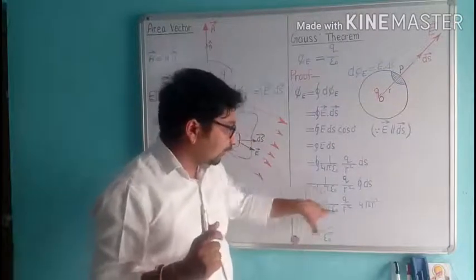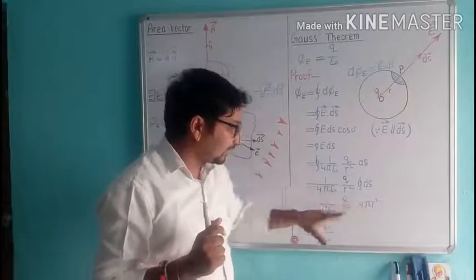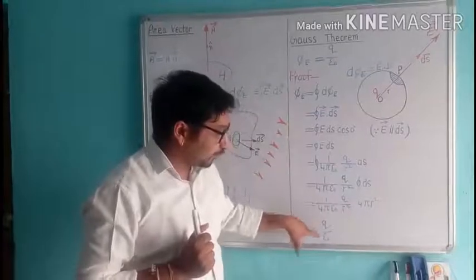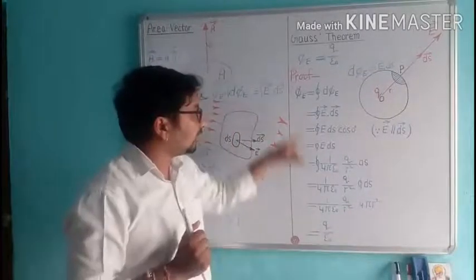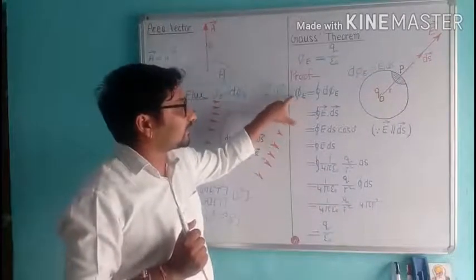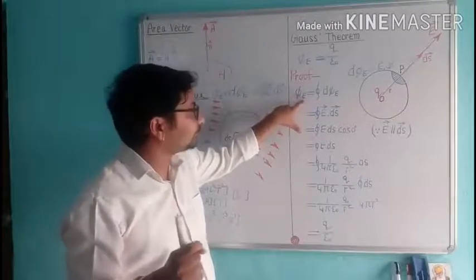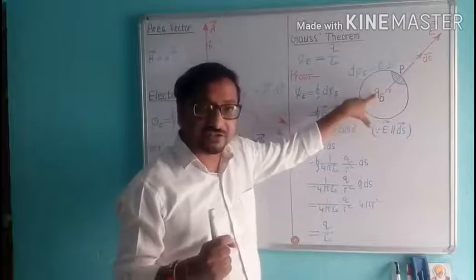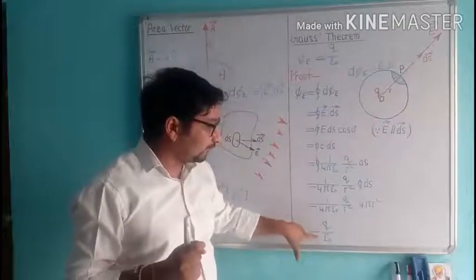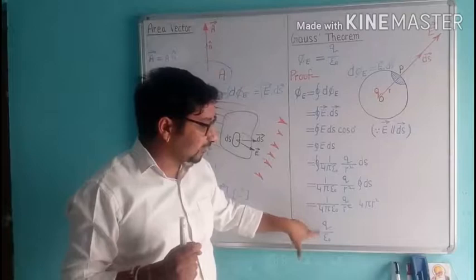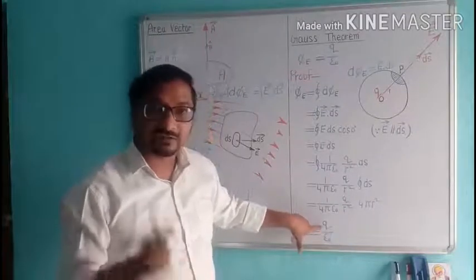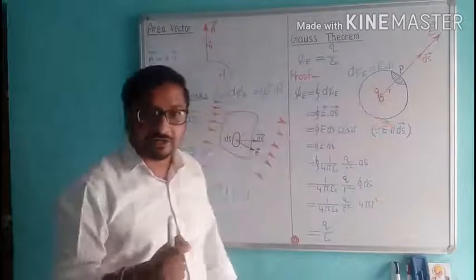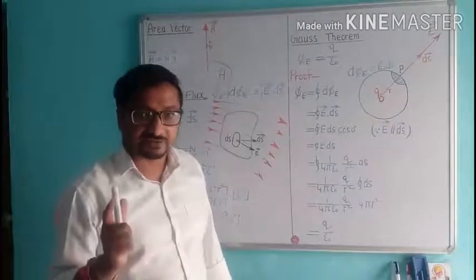The 4, pi, and r square cancel out, and then we have q upon epsilon naught. So the total electric flux passing through this surface which has charge q is equal to 1 upon epsilon naught times the charge inside this surface.